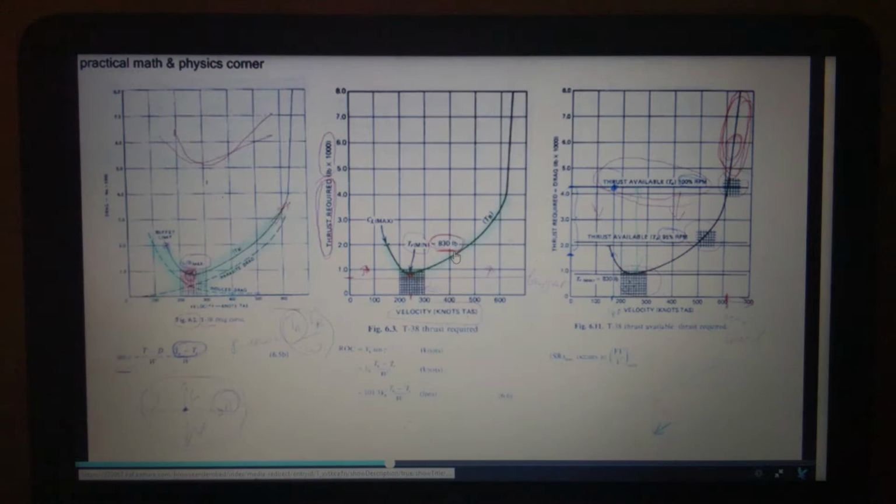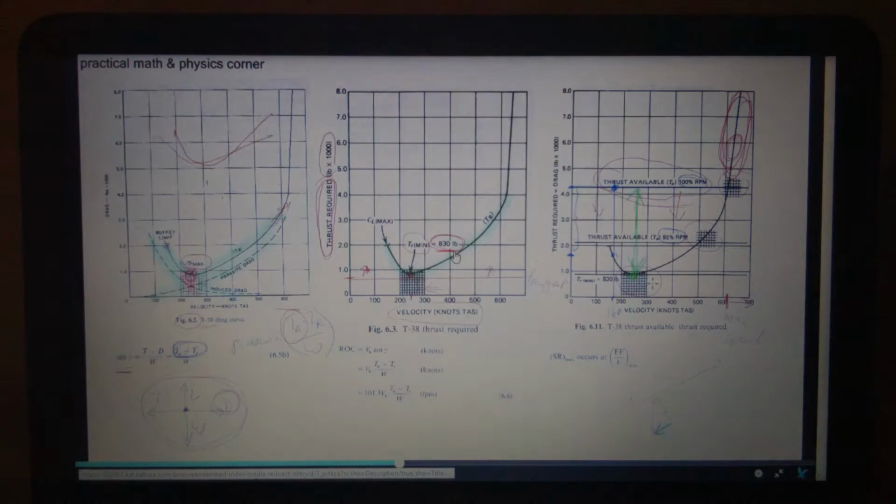Since one is a horizontal line, the other one will be the main dictating factor here, and that directly tells us that wherever the thrust required is at the minimum, we will automatically also have the maximum excess thrust for our climb. So wherever the minimum thrust required is, is also our maximum excess thrust and our highest possible climb angle, if, for example, the final exam asks for something like that.